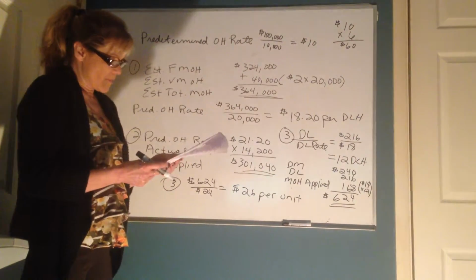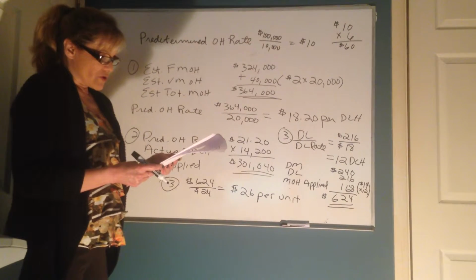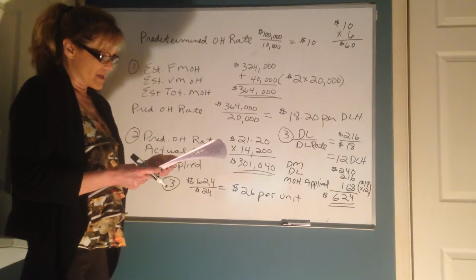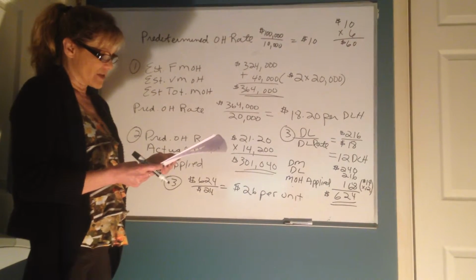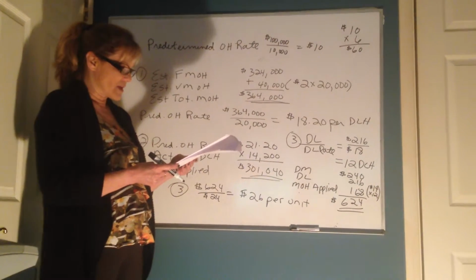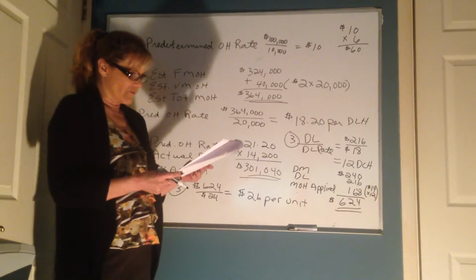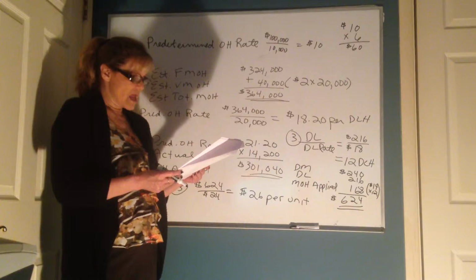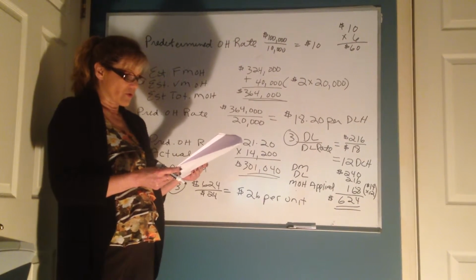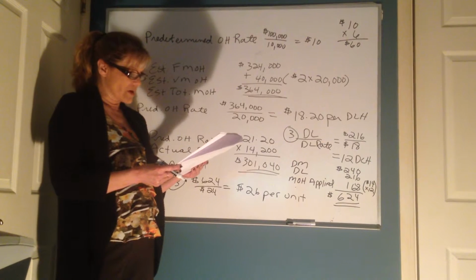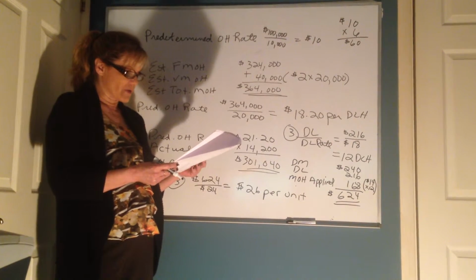For number 2, Bob uses a predetermined overhead rate of $21.20 per direct labor hour. This rate was based on a cost formula estimating $296,800 of total manufacturing overhead for an estimated activity level of 14,000 direct labor hours. The company incurred actual total overhead costs of $294,300 and 14,200 total direct labor hours during the period.